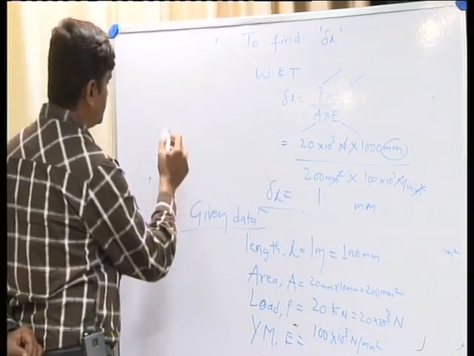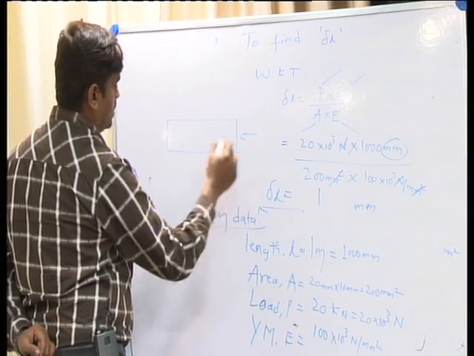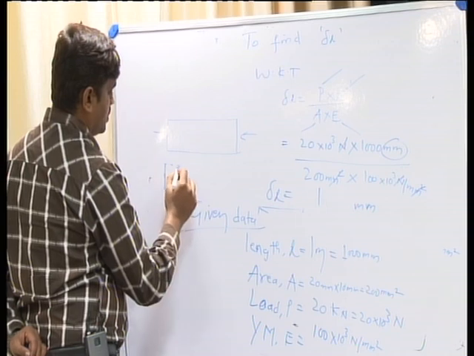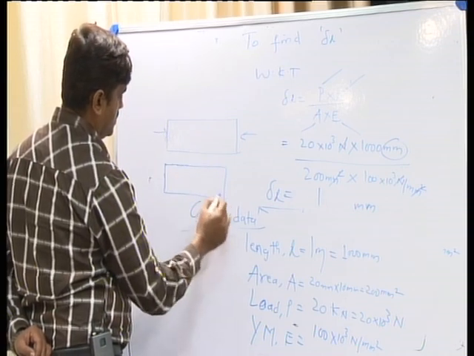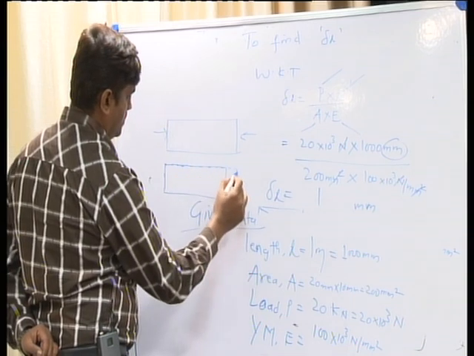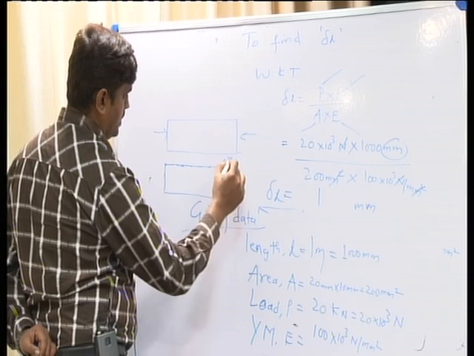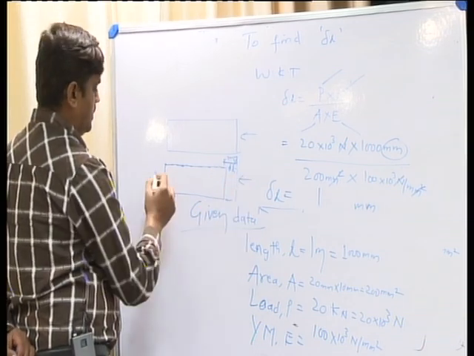That is, when the bar is subjected to compressive load, the bar shortens by 1 mm. This is delta L.